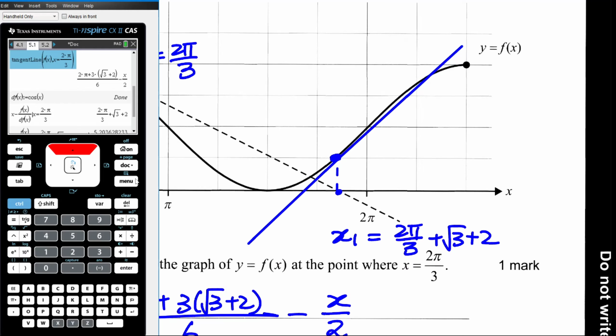Yep, should look like this. Okay, that is at a point x1, f of x1, okay? And that's where you get x2, okay?